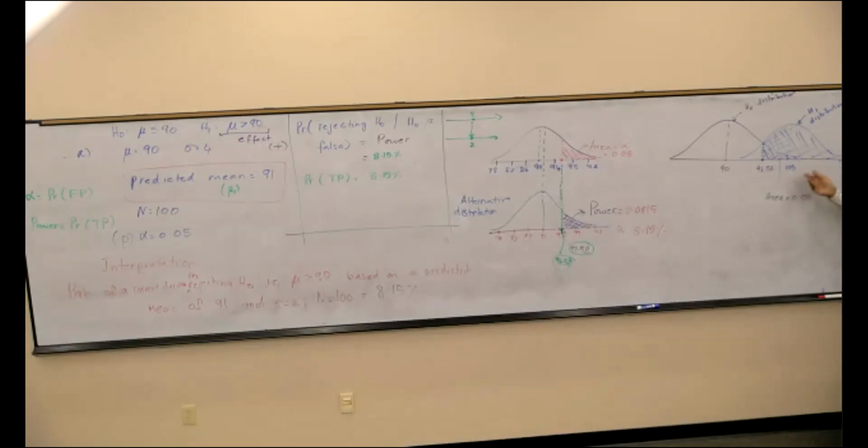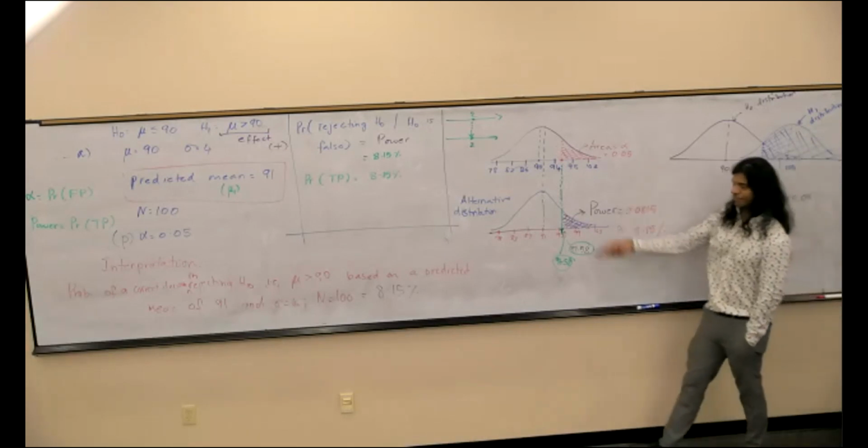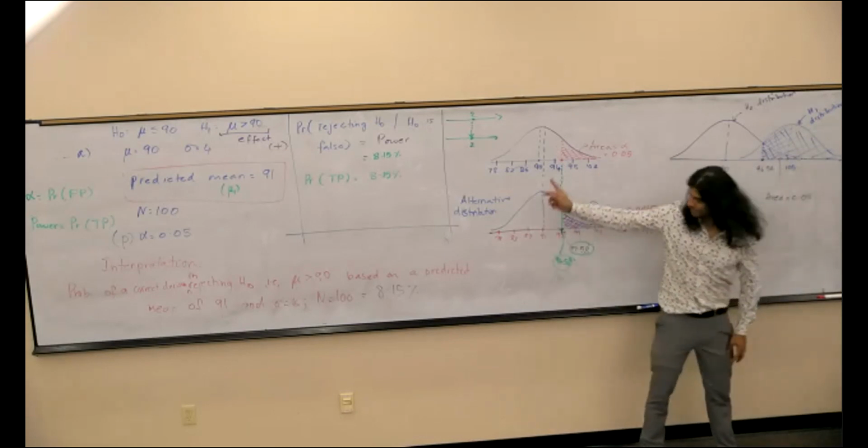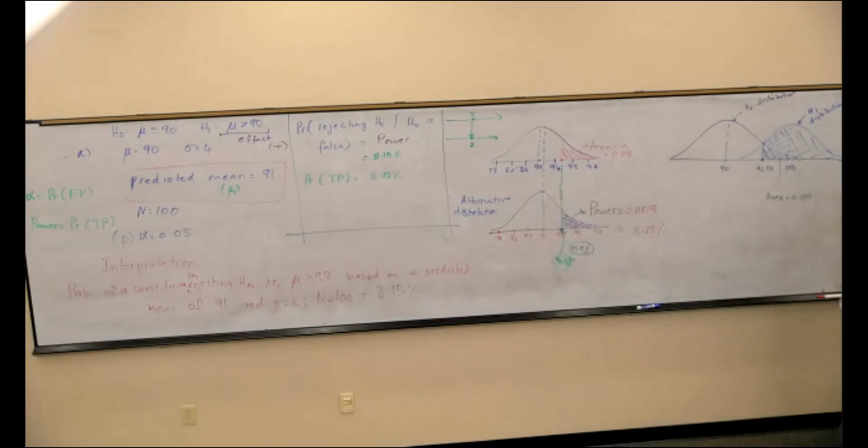It is 105 because I'm looking at the alternative. Mean is 105. I'm not changing the standard deviation, just like in the previous case. Few of you already suggested that we should probably reject the null because the effect size is large, there's not a lot of overlap.